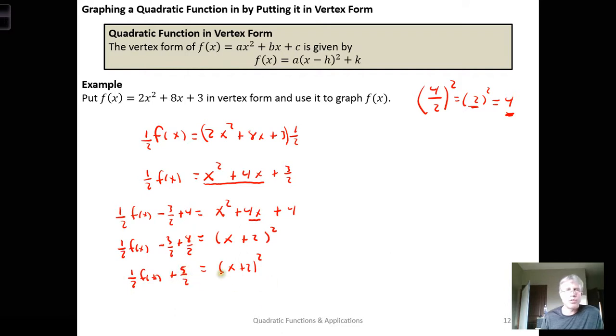And now what we're going to do is kind of work backwards, or rewind, to re-isolate the f of x that was isolated to begin with. So I'm going to subtract this 5 halves right here from both sides. So I'll give myself a little line. So I'm going to have half of f of x equals, I'm subtracting the 5 halves from both sides, so I get x plus 2 squared minus 5 halves.